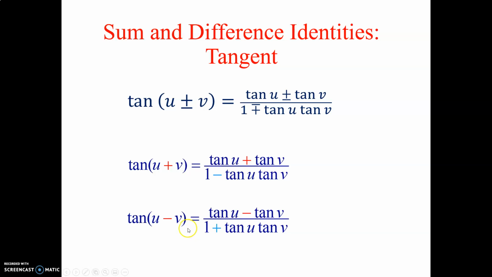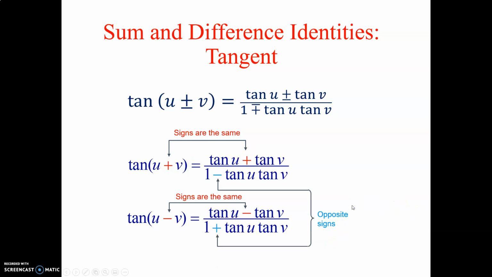For the difference, u minus v, tan u minus tan v over 1 plus tan u times tan v. When we start to look at it closely, we notice that whatever the sign in the original was, that's what's on top. And inversely, whatever's on top, the opposite is on the bottom.